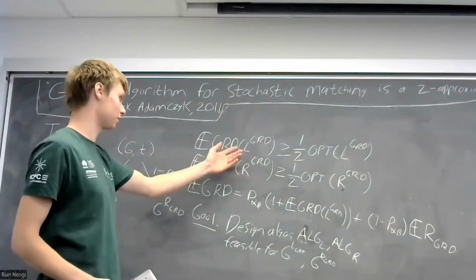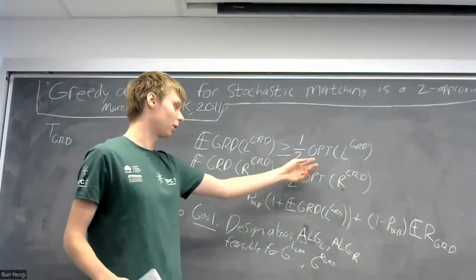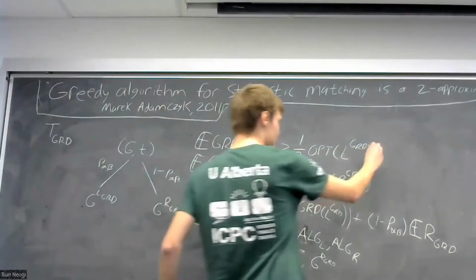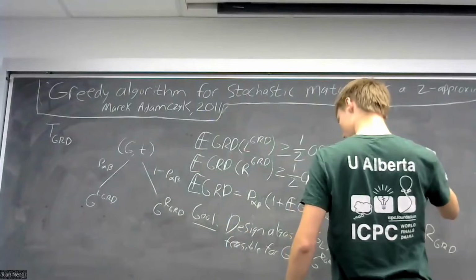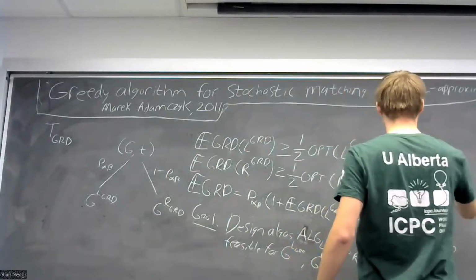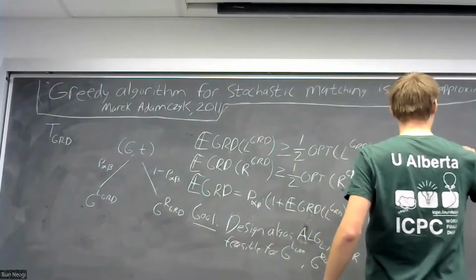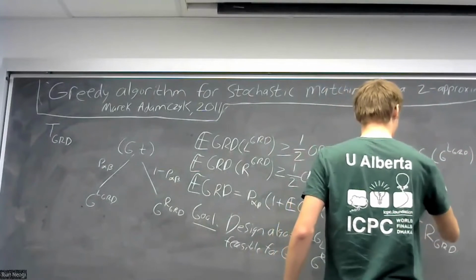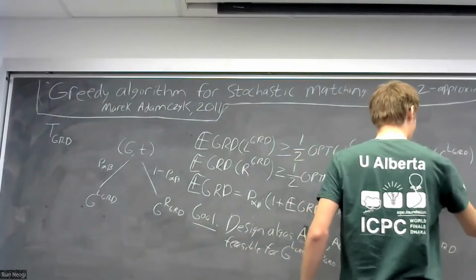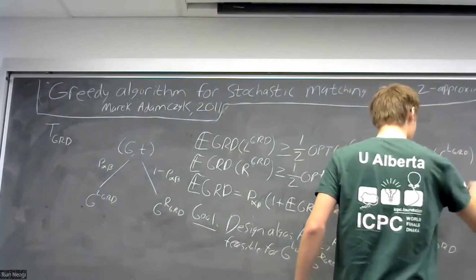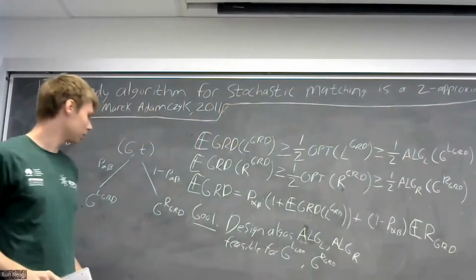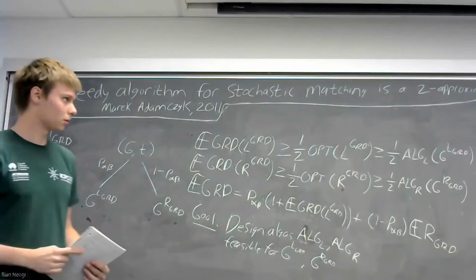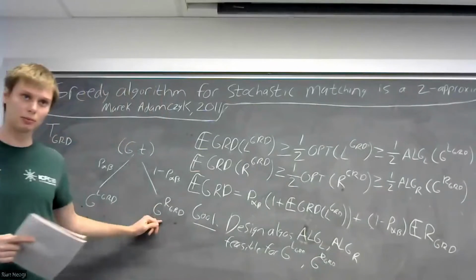And then by the inductive hypothesis, this is at least 1/2 opt, so it's of course at least 1/2 the performance of these things. So that's our goal. We want to design algorithms for these instances that we can compare to opt. So we'll start with the right instance.